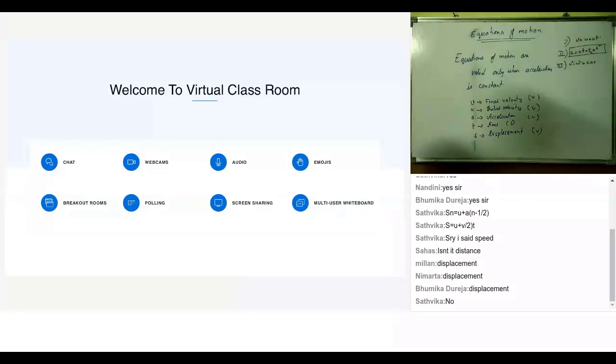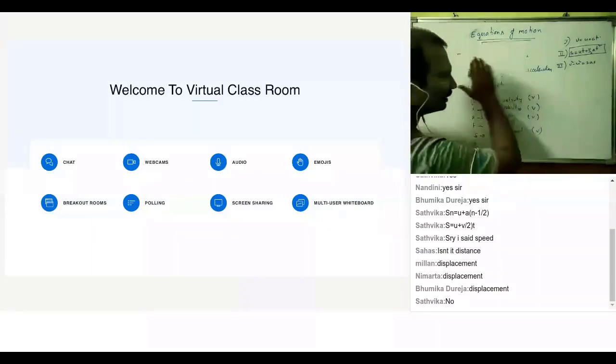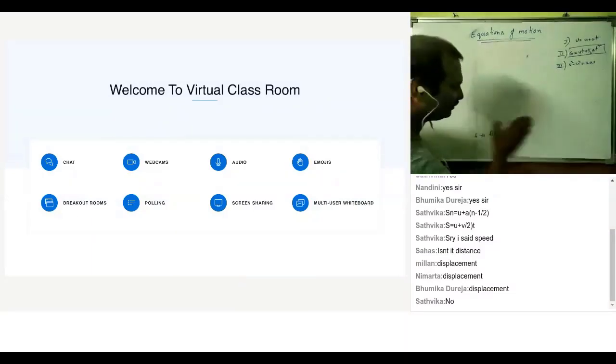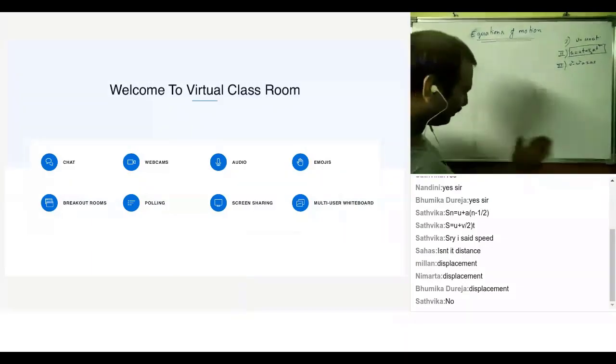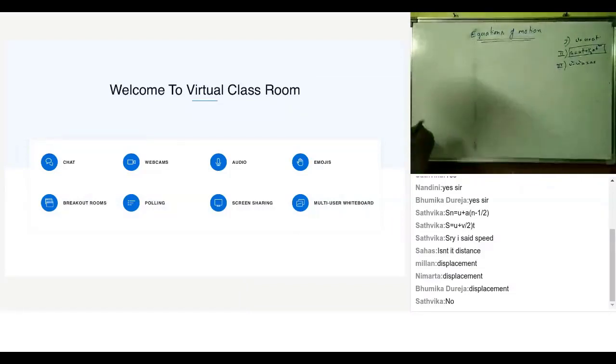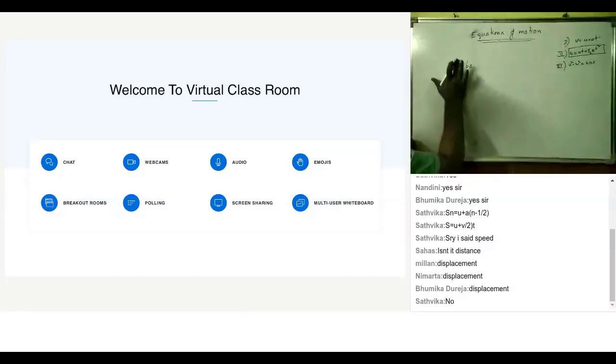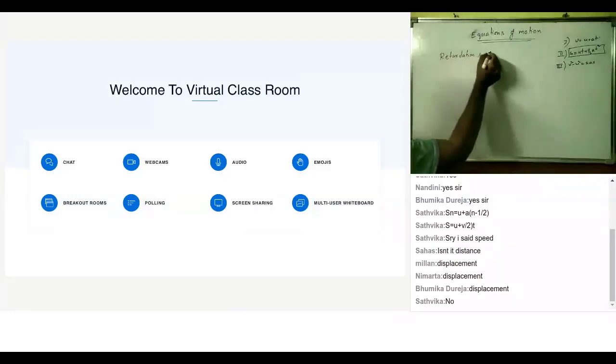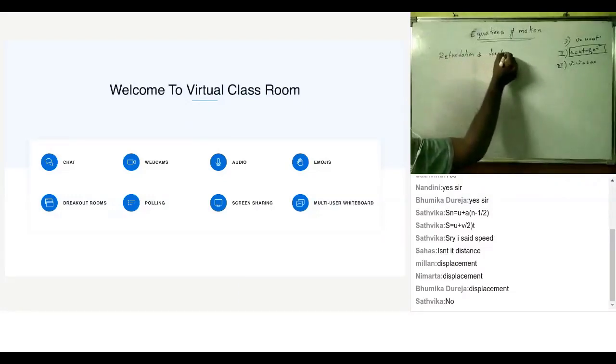One of the examples that I'll take is based on retardation and negative acceleration. Let's say a body, I'll write it here, retardation and deceleration. Deceleration is what?